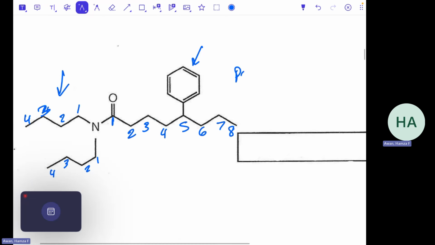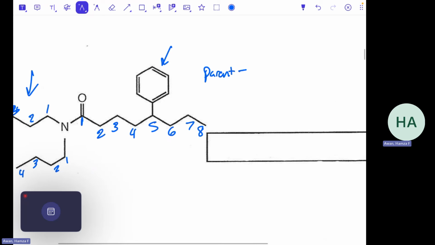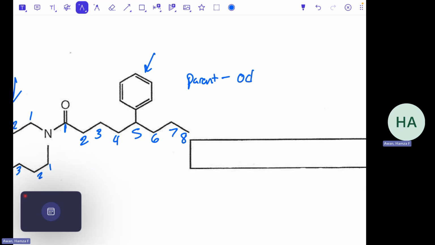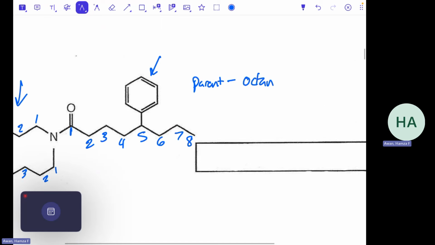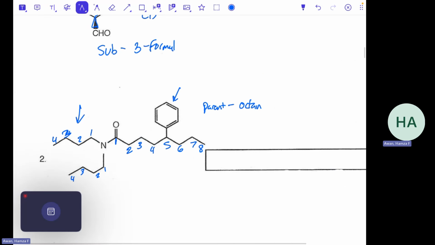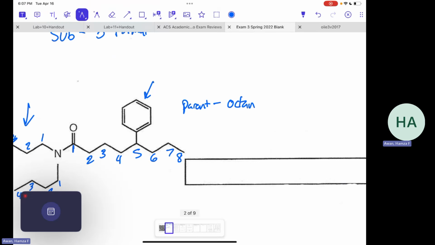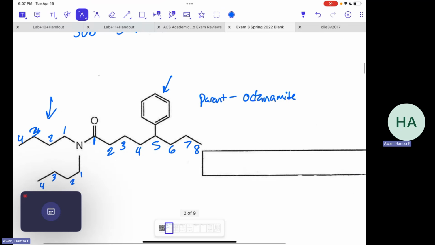For the parent, we're going to start with octane, and then remember that we have an amide. So instead of writing octane, we're going to write octan and then amide after. So that is going to be our parent chain.